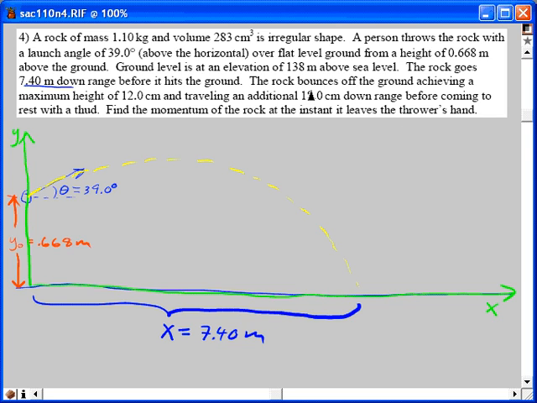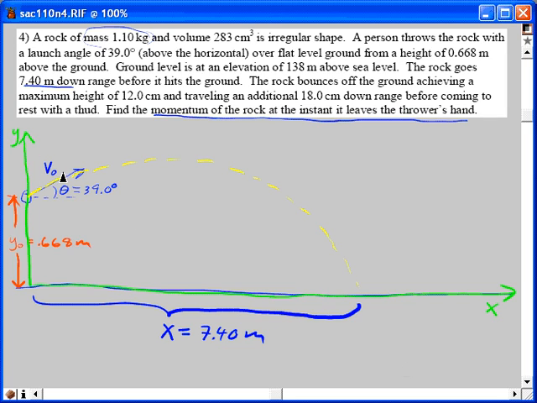It bounces around. They want the momentum of the rock at the instant it leaves the thrower's hand. Well, that's just going to be the initial velocity times the mass of the rock, which is given. And the direction will be, we're given everything about the initial velocity direction, so downrange at an angle of 39 degrees above the horizontal.